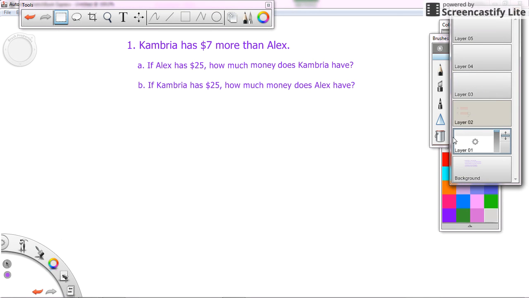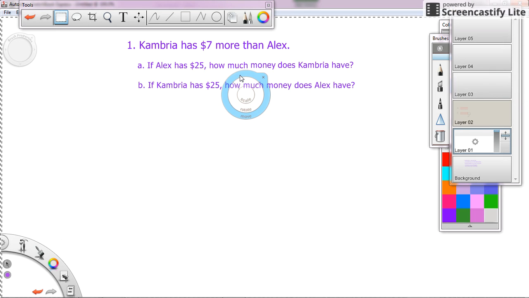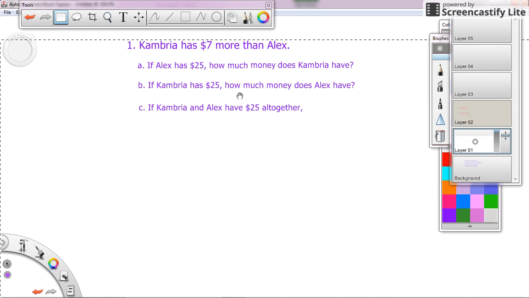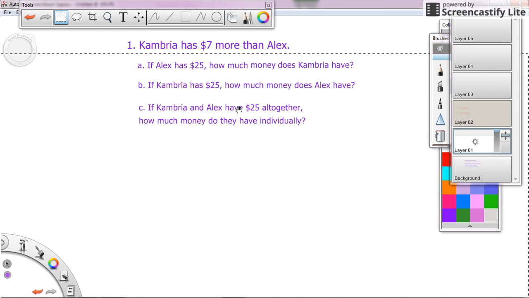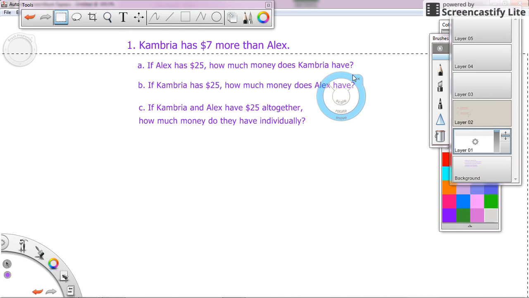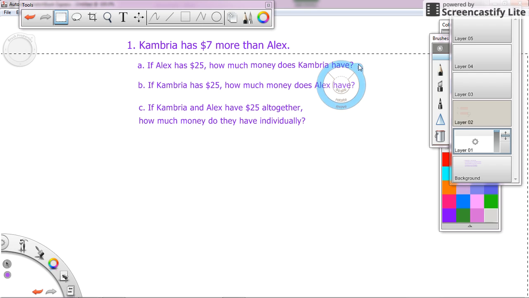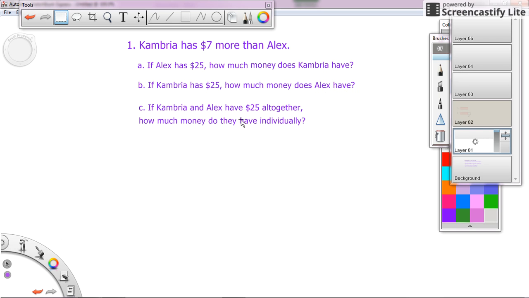And the final type of question you'll usually get on these is this last one here. If Cambria and Alex have $25 all together, that means if I add Cambria's amount of money and Alex's money together, they have $25. How much money do they each have individually?